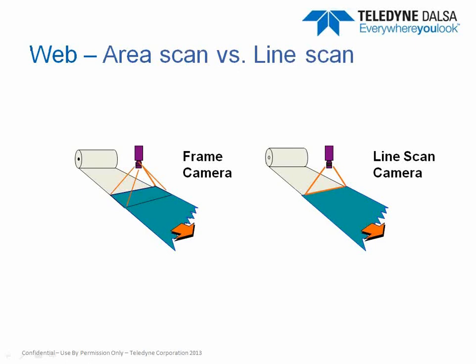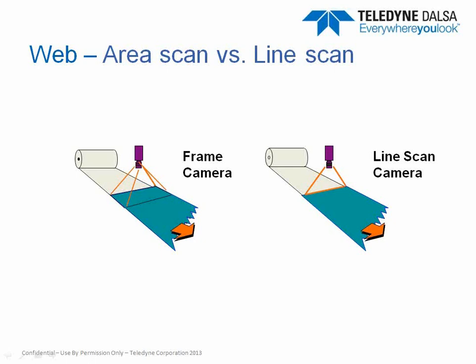How about web? If your product is web or it's continuous, do you use a frame camera or do you use a line scan camera? Well, I have a lot of customers that have web material, and they're looking for maybe a rip on the edge or some kind of random defect that happens, a hole, so it's easy to detect.